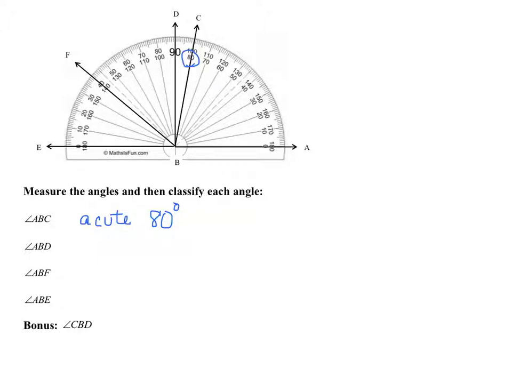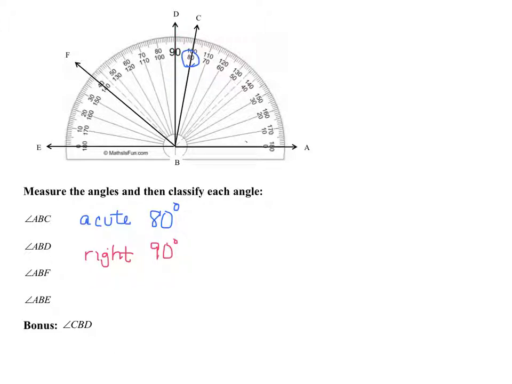How about ABD? Let's do that one. That definitely is 90 degrees, and that would be a right angle. Okay, let's do the next one.